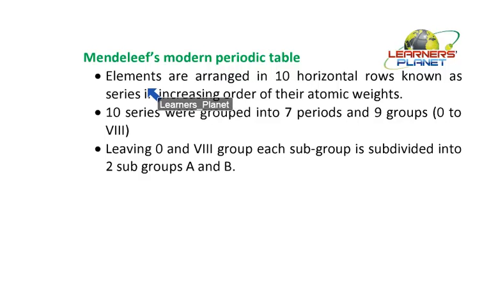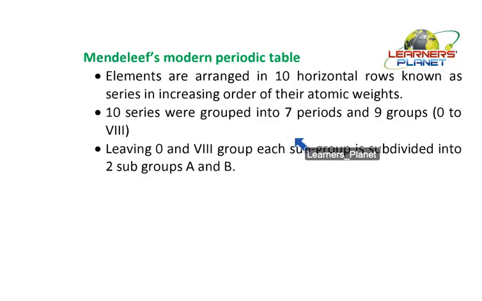In this, elements are arranged in 10 horizontal rows known as series, in the increasing order of their atomic weights, because Mendeleev took atomic weight as the basis for classification. He didn't take atomic numbers. In this, the 10 series were grouped into 7 periods and 9 groups, that is 0 to 8.